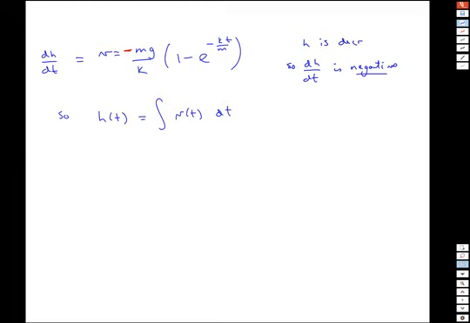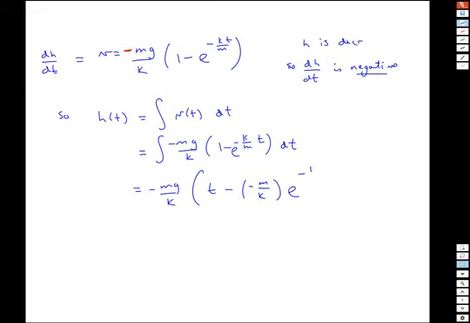So if that's okay. And again, feel free to type a comment if there's something that's not clear. So we have our integral, and I won't go through the stages here. I'm just going to put it in here, and then we'll jump straight to the answer. We should get negative mg over k times t, oops, forgot the exponential, t minus m over k e to the minus k over m t plus a c.